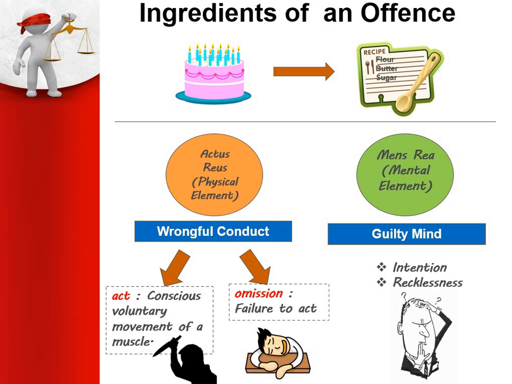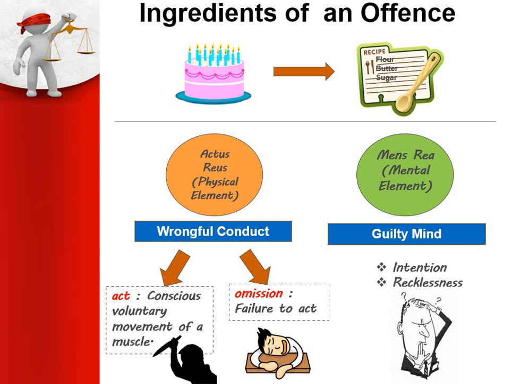Now, actus reus is a reference to the physical element of an offence, whereas the mens rea is a reference to the mental element of an offence. Now, an actus reus simply means a wrongful conduct.